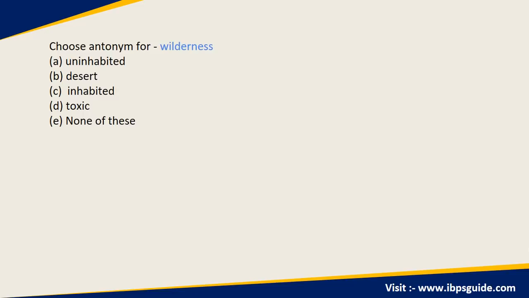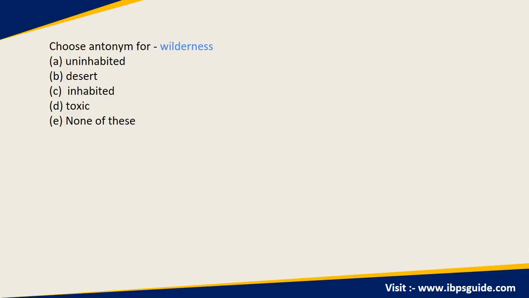Uninhabited means it's not used by anybody. Nobody is living there, right? Next, desert. Again, it's a very difficult landscape for someone to live in. Next is inhabited. That means someone is living there. And the last one means toxic. Okay. So of these four options, only inhabited is not negative.